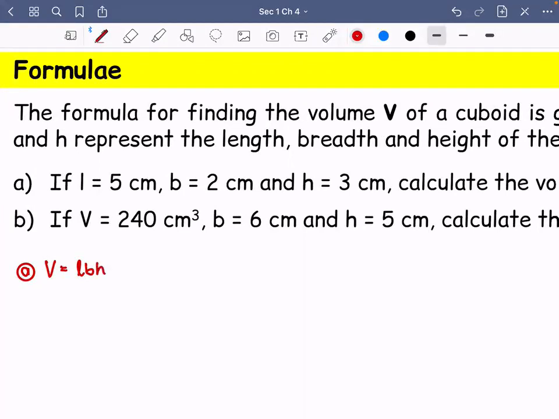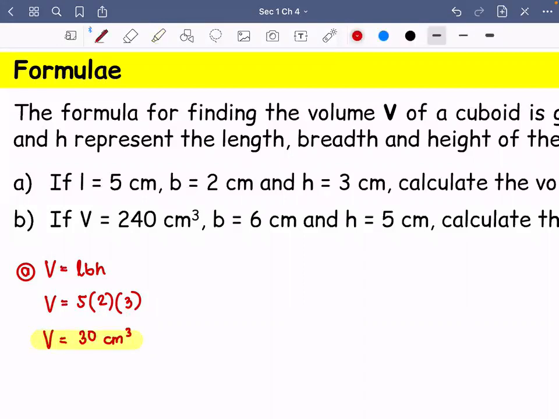So the volume is equal to 5 times 2 times 3. So what is the volume of the cuboid? Basically it's 30 centimeters cube. By the way, take note of that. That is the unit for volume. It's always cubed because you have 3 dimensions, okay? So that's your answer for letter A.